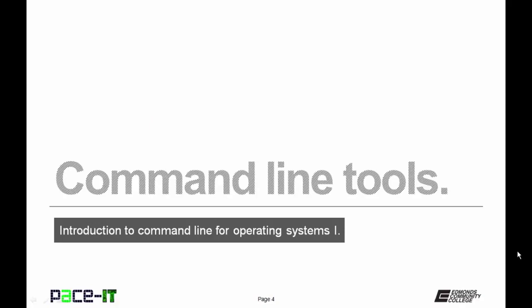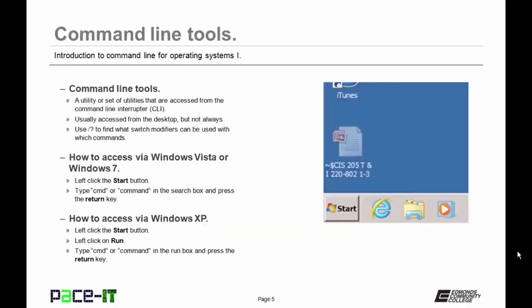We're going to start with command line tools and what they are. Command line tools can be a utility or a set of utilities that are accessed from the command line interpreter, the CLI. Usually it is accessed from the desktop, but not always. When you do have the command line up, you can use /? to find out what modifiers can be used with which commands.